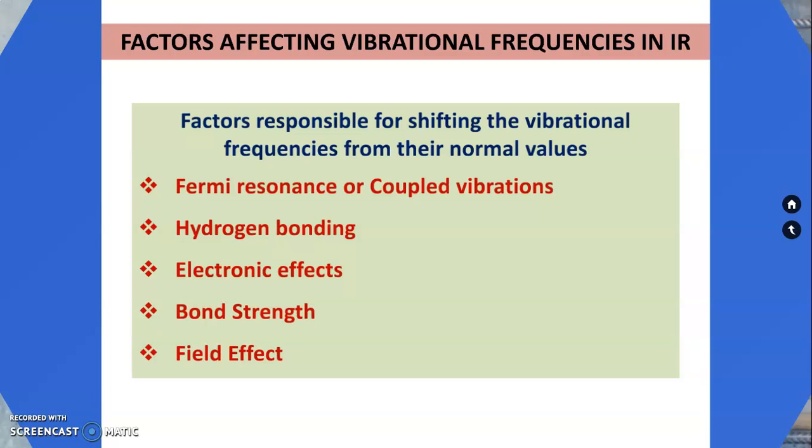There are various factors. Among these, the first one is Fermi resonance or coupled vibration. Second, hydrogen bonding. Third, electronic effect. Fourth, bond strength. And last, field effect. Now in this video, I am going to discuss the Fermi resonance and hydrogen bonding.